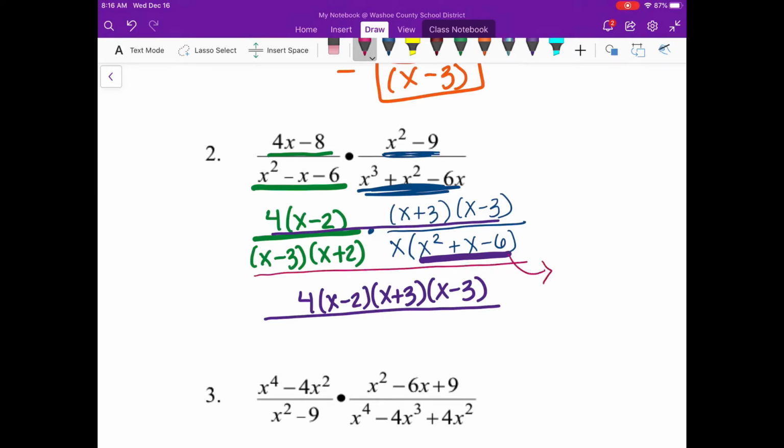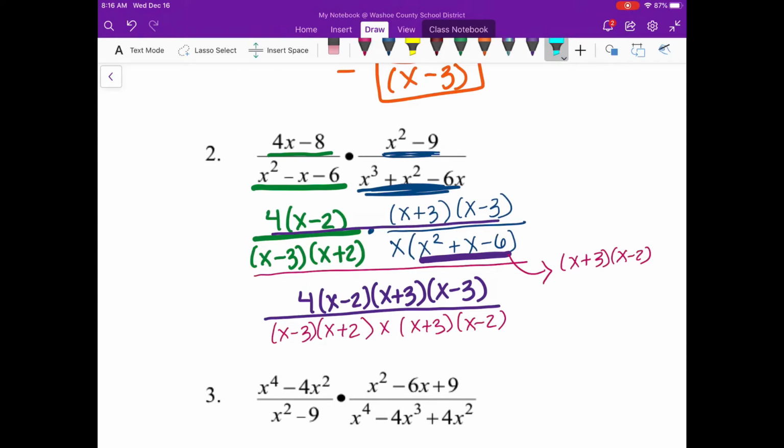In the denominator, I have all of this. Make sure that you factor this a little bit further, though, into x plus 3, x minus 2. So then in the denominator, I have x minus 3, x plus 2, x plus 3, x minus 2.